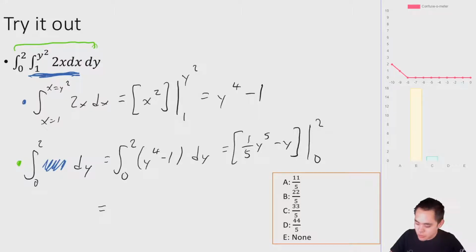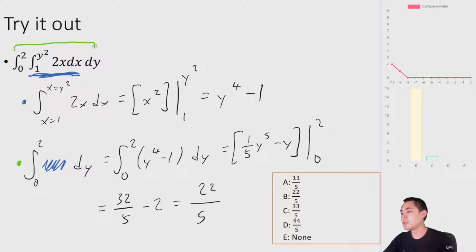Well, 2 to the 5th power is 32. So 32 over 5 minus 2. And when you plug in 0, you're just going to get 0. So this is going to be equal to 22 over 5, which is indeed B, which is what most people manage to get.